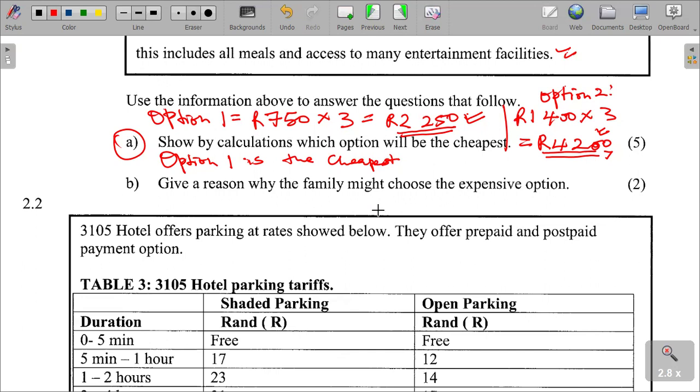Give a reason why the family might choose the expensive option. Why should they choose the expensive option?